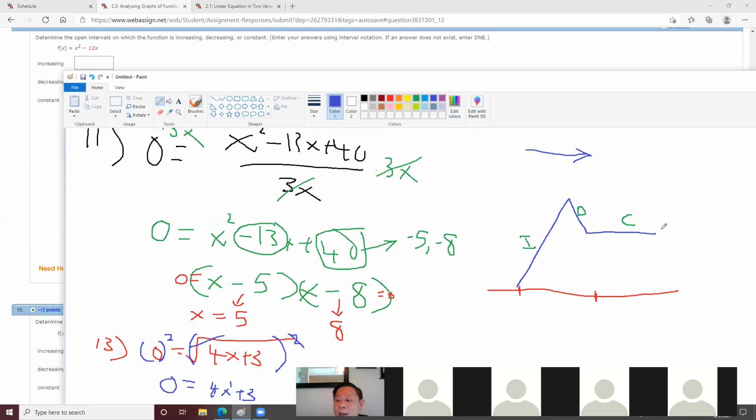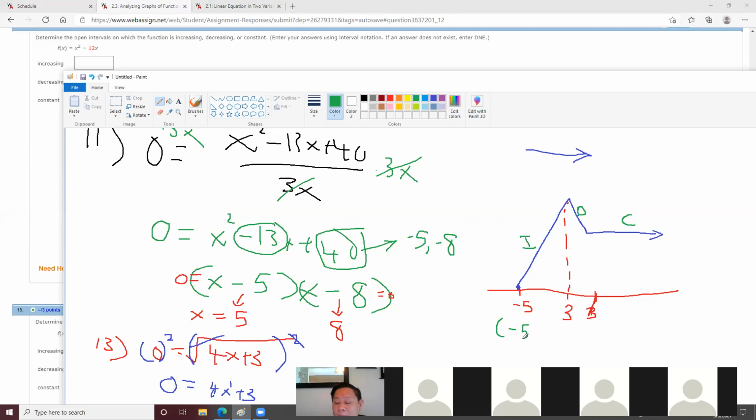So for example, let's say this x value is negative 5, and this is 3. Can someone tell me what is the increasing domain? It goes from negative 5 to 3. So how do you write this?